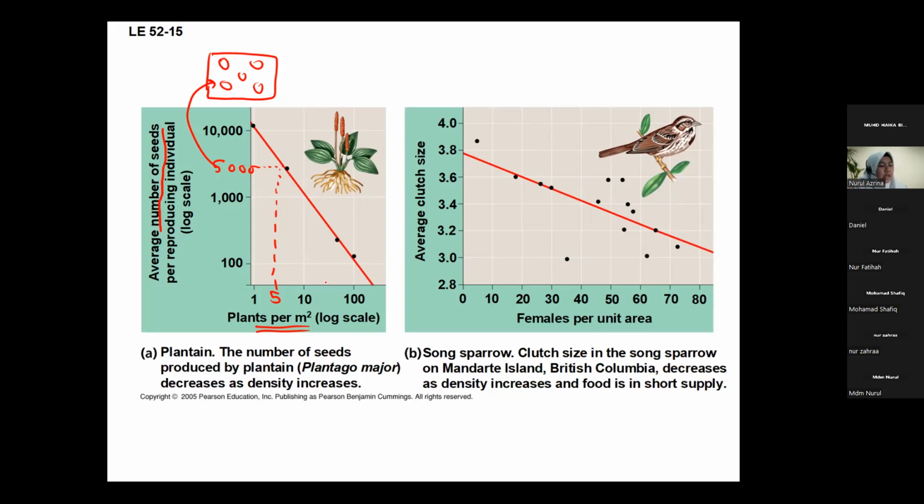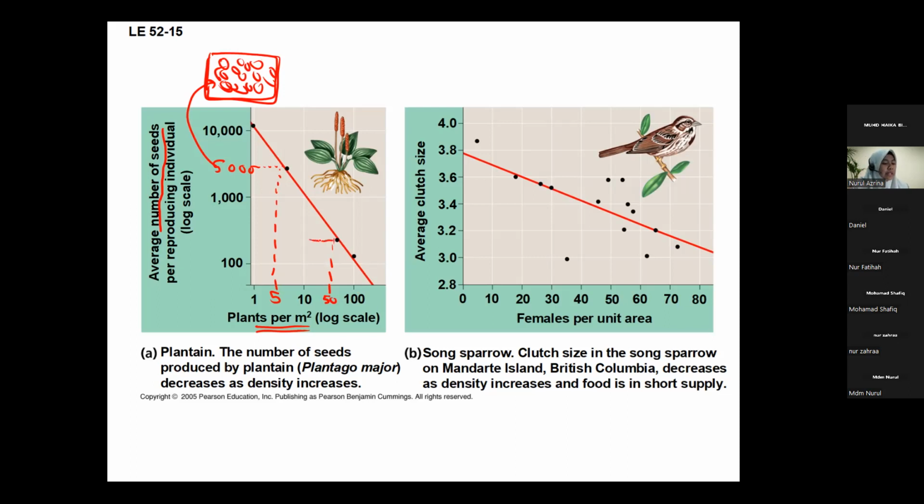But you can see that when the number of plants increases, like here, ni berapa ni? 50 lah contohnya. Within the same size of meter square, you have 50 plants, for example. Right? So the number of individual increase and you have limited resources, which is here, nutrient, water, space, and whatnot.